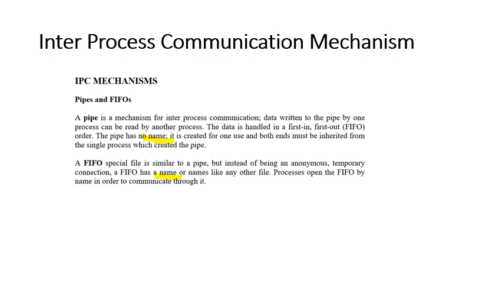A pipe or FIFO has to be opened at both ends simultaneously. If you read from a pipe or FIFO file that doesn't have any process writing to it, then the read returns end of file.